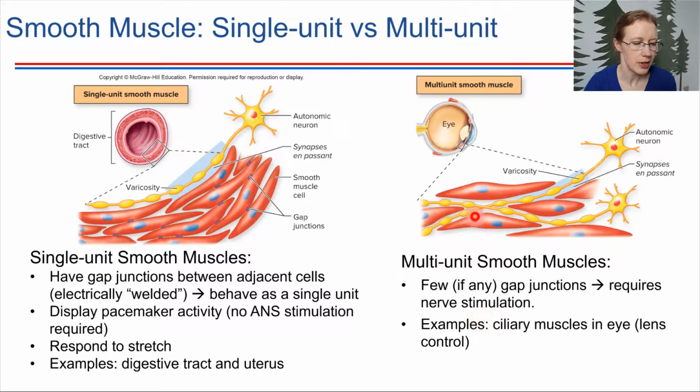A good example is in the eye, the ciliary muscles that control the lens of the eye. This allows much finer control in terms of how the lens is shaped. If each muscle cell around the eye can be activated individually, this allows much better focusing ability than if they all had to contract together, all at once. So two different types, single unit versus multi-unit.